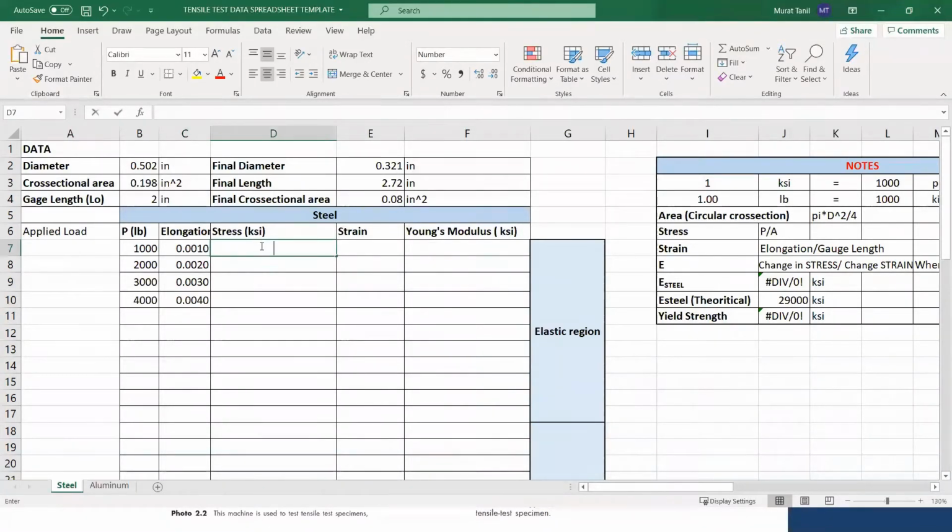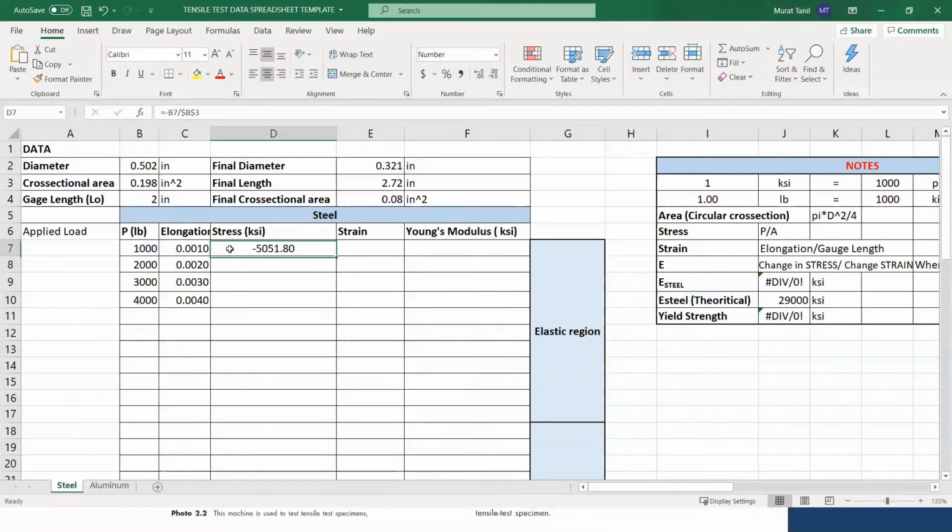There is a stress equation that is P, the applied load, divided by the cross-sectional area. And I have my cross-sectional area calculated in this cell. I write my equation, I lock the cell, click enter.